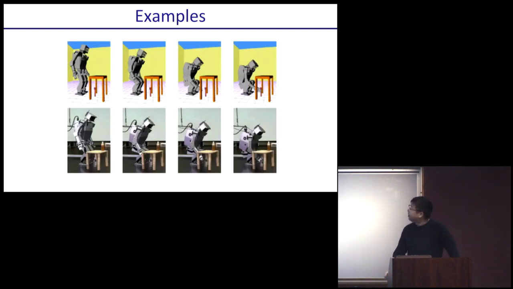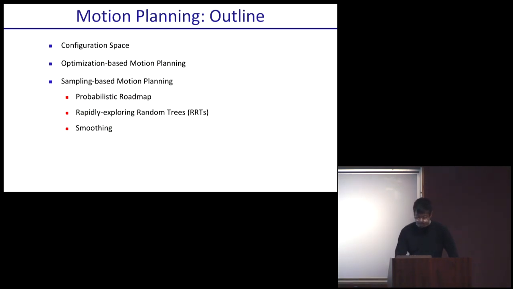And there is a sequence of images. On the top row is a simulation figure. In the simulation, we want the robot to grasp or get the object under the table, and the lower row is the actual robot following the trajectory in the simulation and achieving the goal we want.